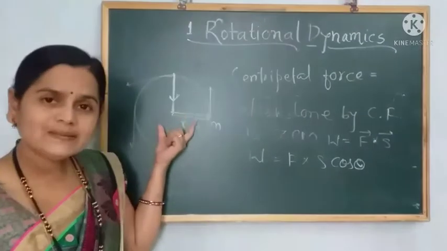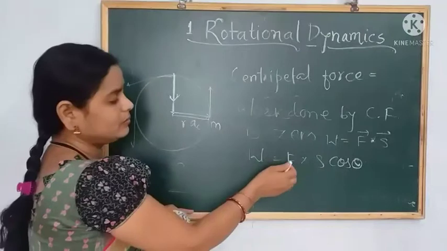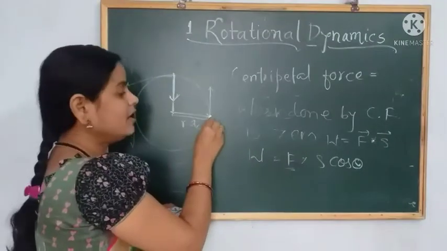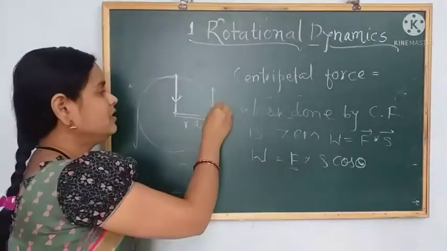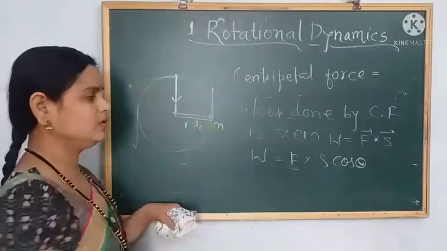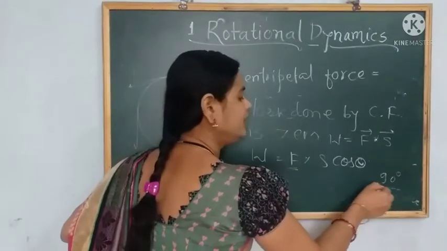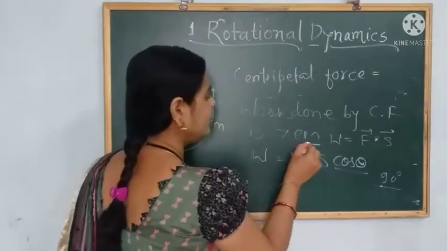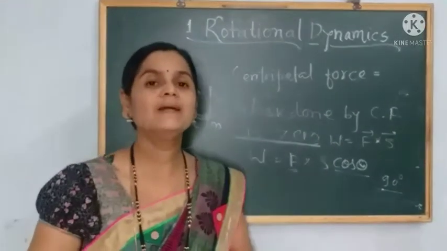So in circular motion, the direction of the centripetal force is along the radius towards the center, and the direction of displacement, or the linear velocity, is perpendicular to this. It means the angle theta between them is 90 degrees. So cos 90 is 0, and the net work done by the centripetal force must be 0.